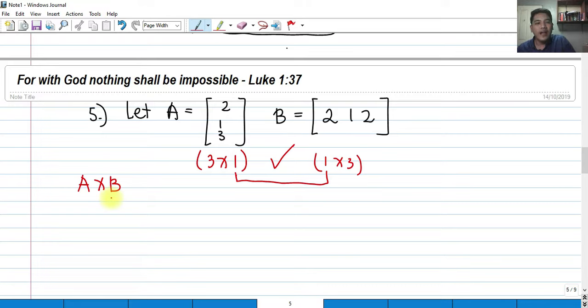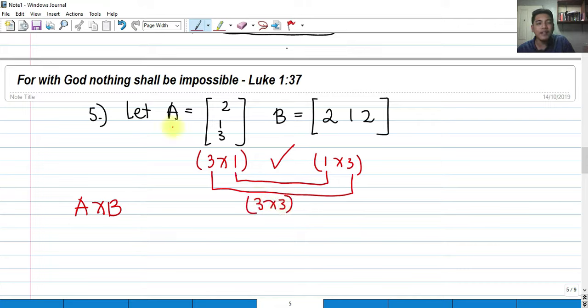So the resulting matrix of A times B would be actually what? The number of rows of matrix A and the number of columns of matrix B, which is a 3 by 3.